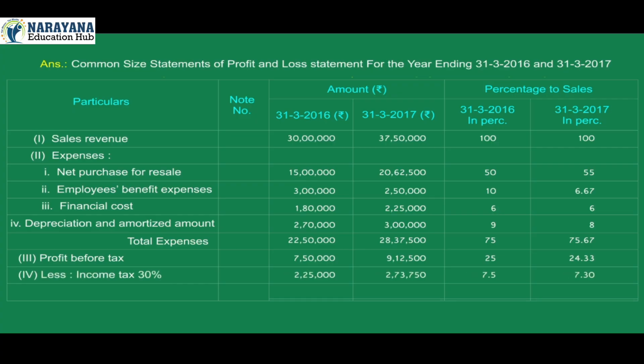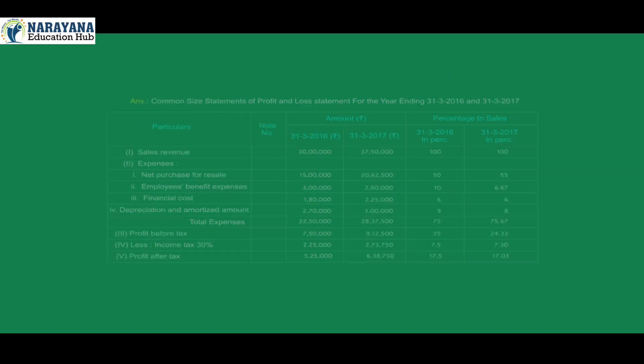Less income tax 30%: 2 lakh 25,000, 2 lakh 73,750, 7.5 percentage, 7.30 percentage. 5. Profit after tax: 5 lakh 25,000, 6 lakh 38,750, 17.5 percentage, 17.03 percentage.